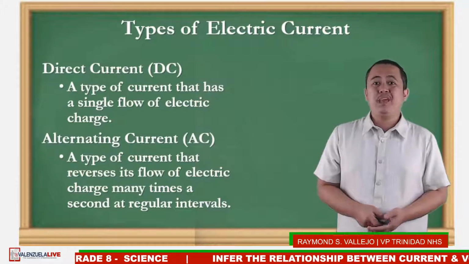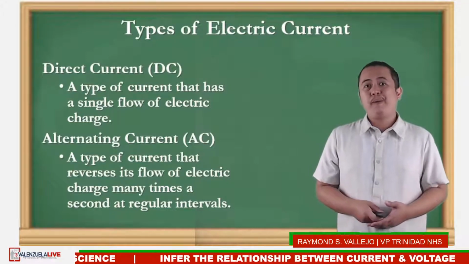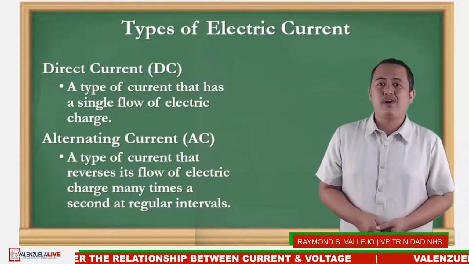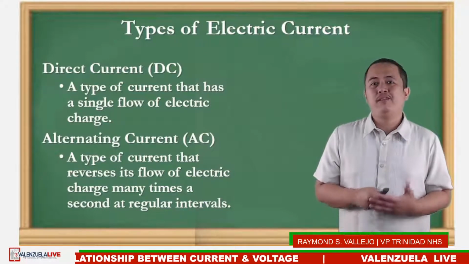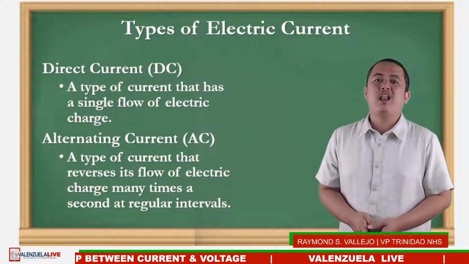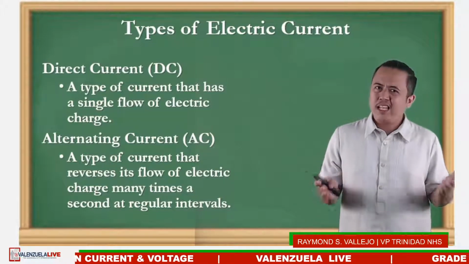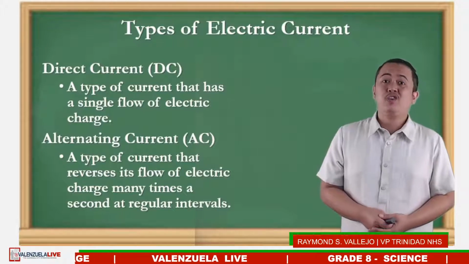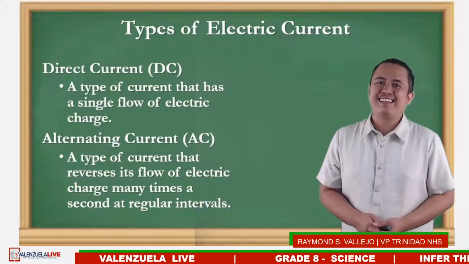Alternating current is being utilized by electrical power plants to generate high amounts of electrical power and to enable the conversion of electrical voltage levels using transformers. Most wall sockets at home use alternating current.